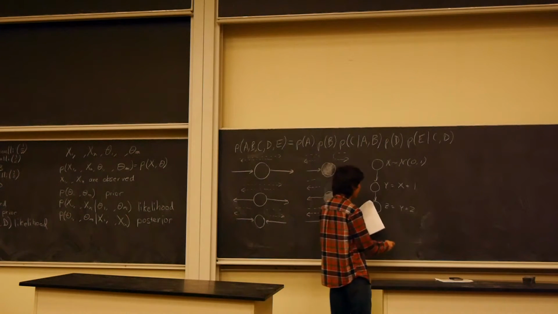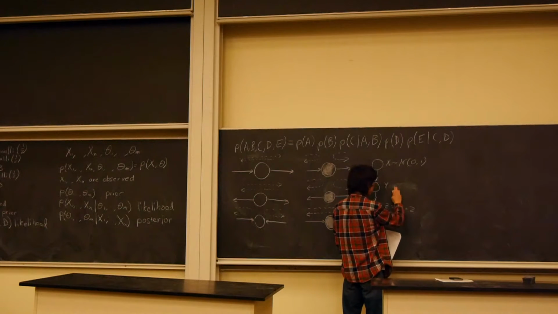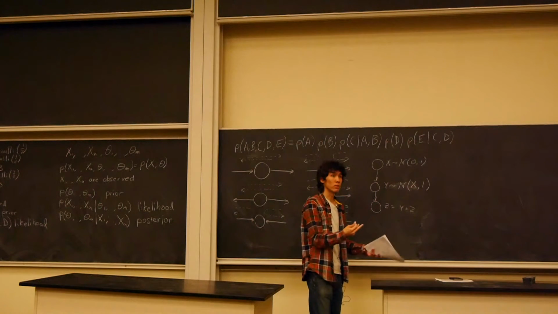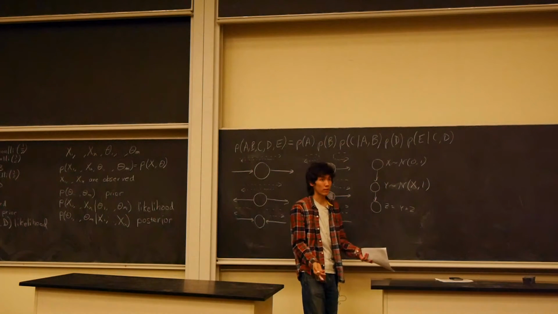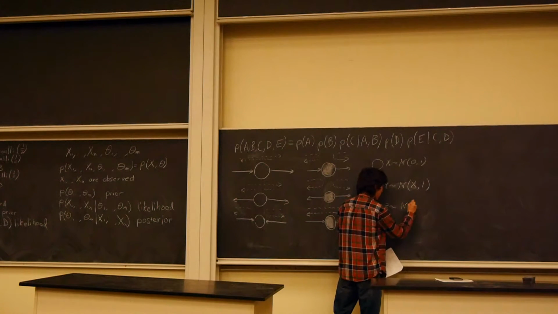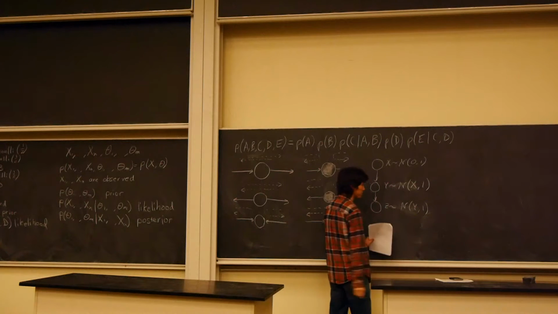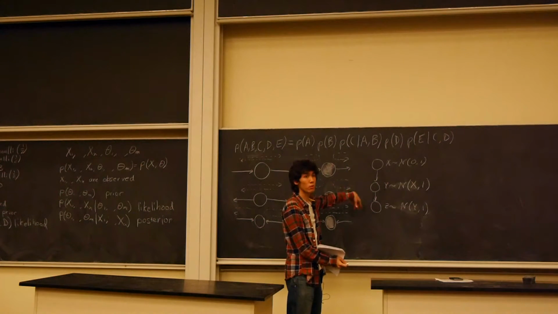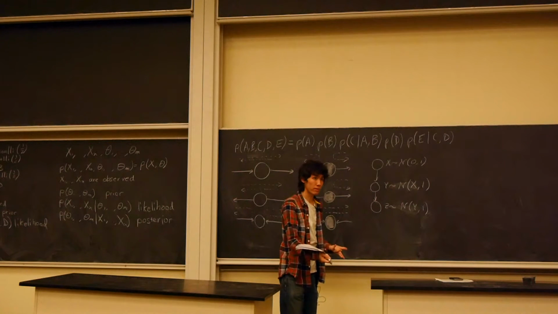So I can define this differently as well. Say Y is a normal with mean X and variance 1. And I can make Z the same thing. Then Z clearly depends on X. The two are definitely not independent of each other, right?